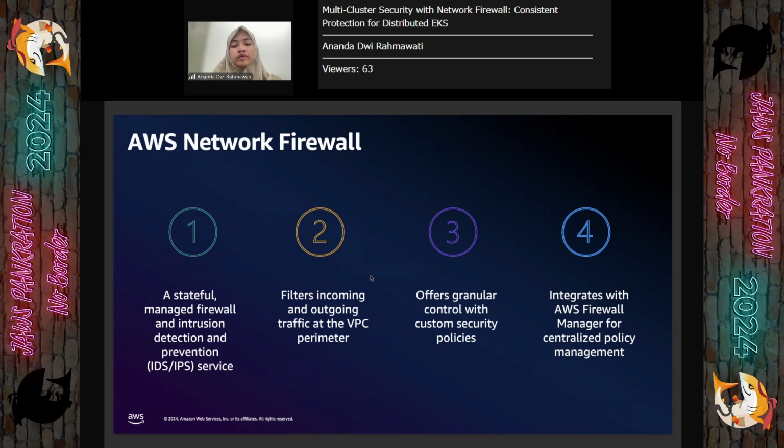And yeah, it offers granular control with custom security policy. So yeah, five rules that we can configure there, for example Suricata. And then it integrates with AWS Firewall Manager for centralized policy management.